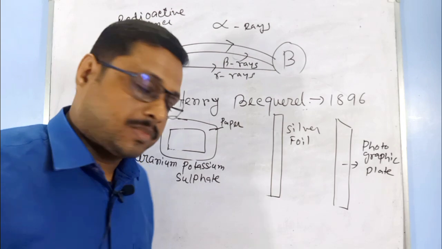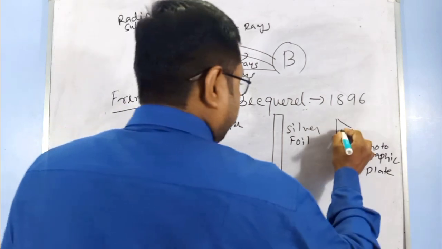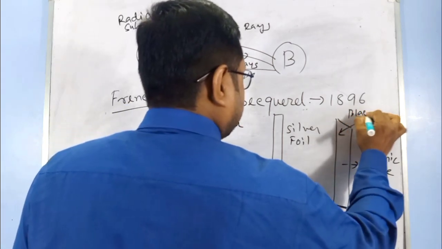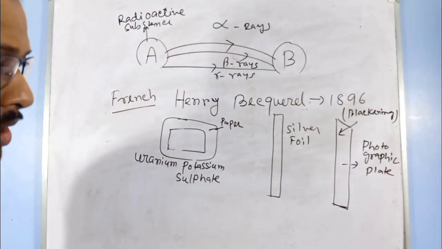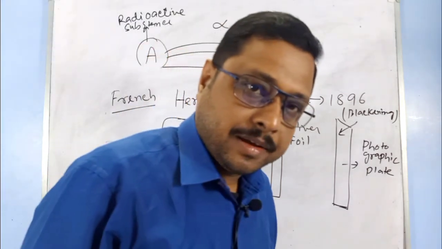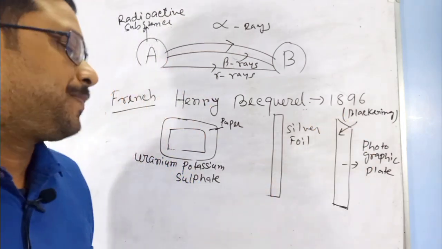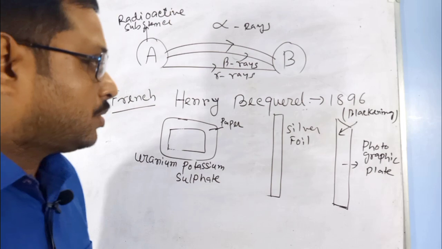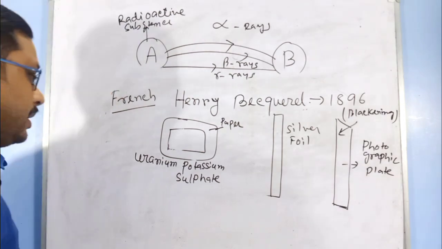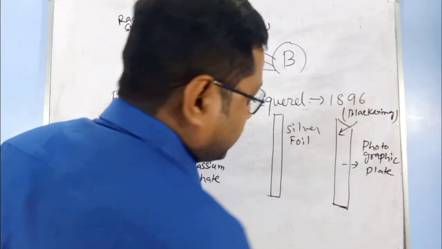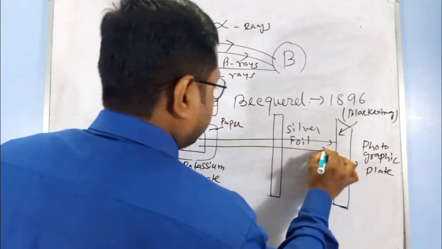After a few hours, when he opened the drawer, he saw there was blackening in the photographic plate. He was astonished and surprised, and eager to find the reason. Soon he found that this blackening is due to the emission of some rays from this uranium compound.